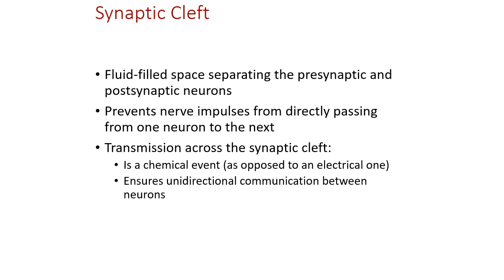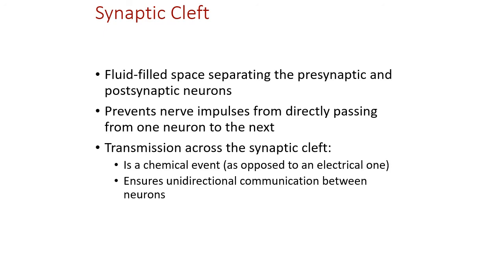So that synaptic cleft is just the space in between the two cells that we have connected to one another. It is a fluid-filled space. In a chemical synapse, we don't have a specific bind or bond between the two cells. They're not directly connected to one another.